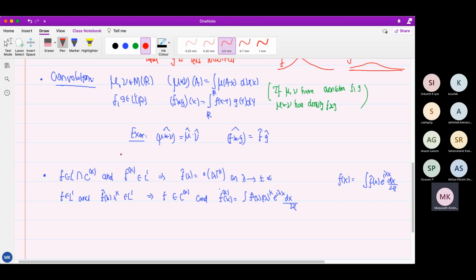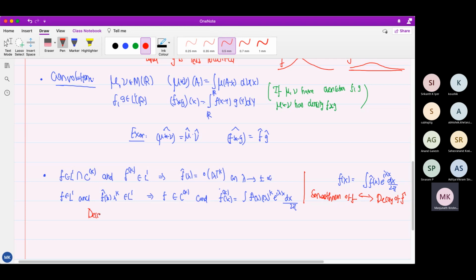Smoothness of f implies decay of f hat, and decay of f hat implies smoothness of f. But the other way is also true.